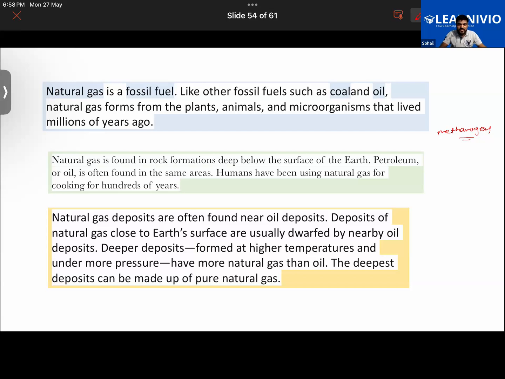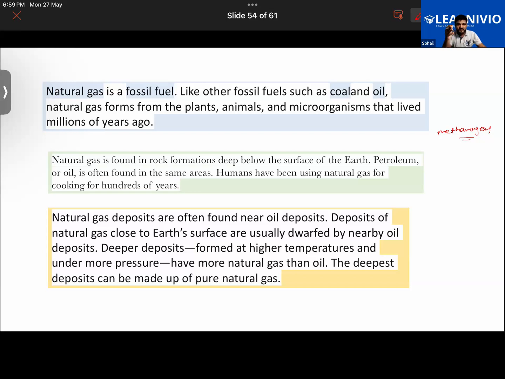Yes, sir. So here you have to ensure that there is no leakage. The pipes that you would be using have to be completely sealed. While in the case of petroleum, when petroleum is brought to the surface, the pipe will be hollow and open, while here it will be completely sealed.